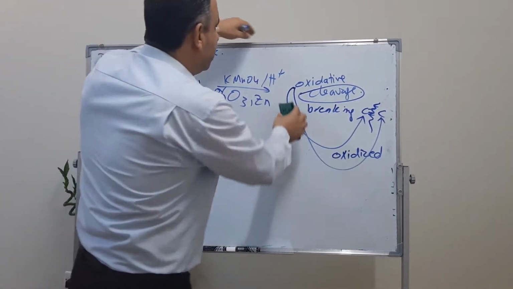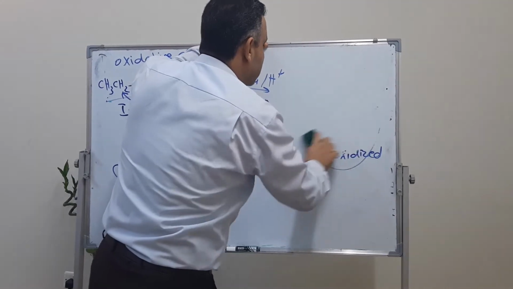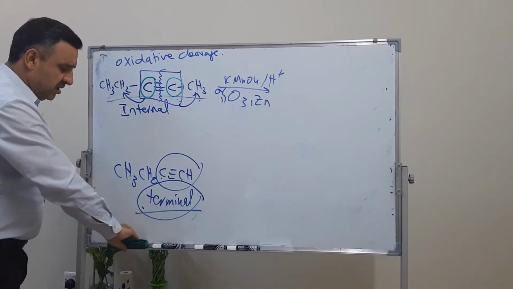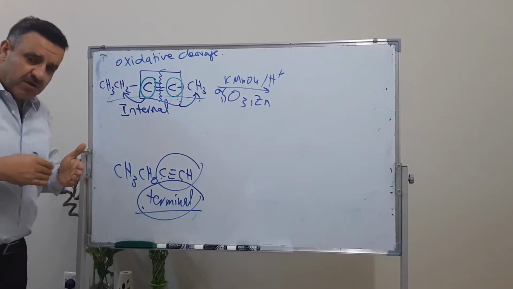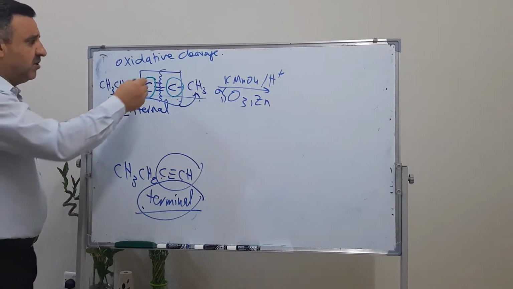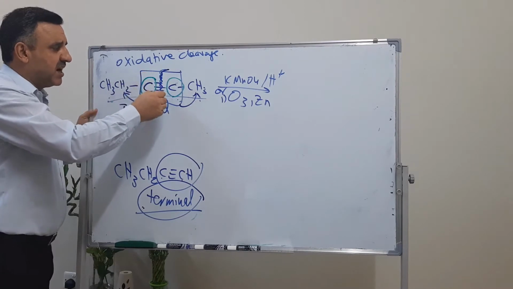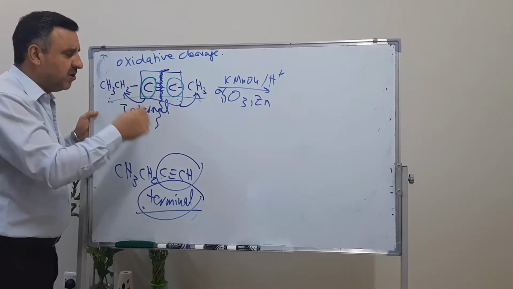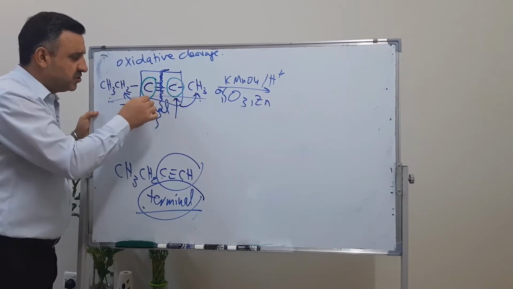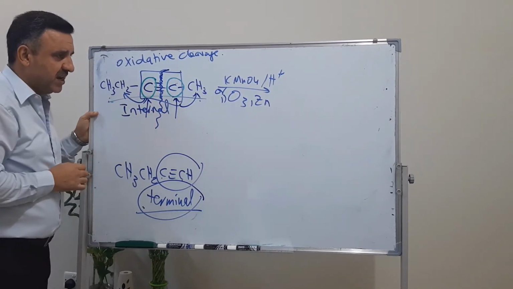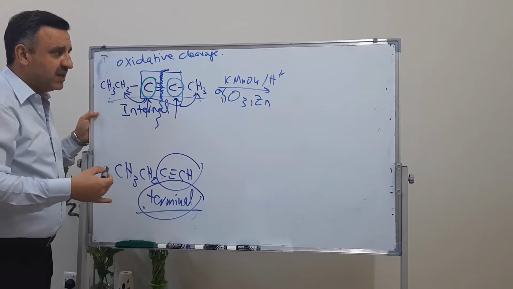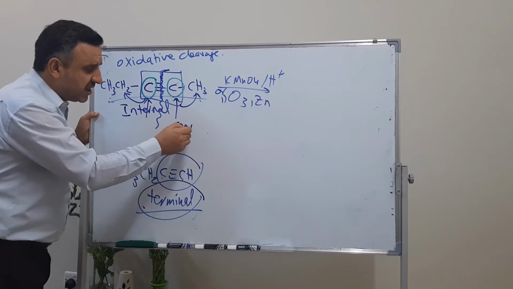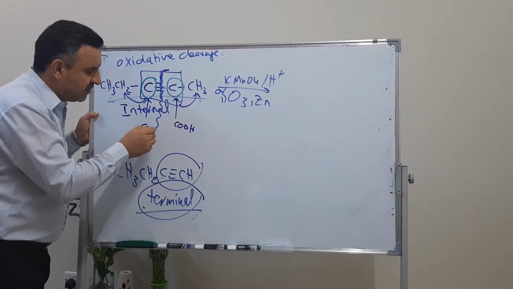So for the first alkyne, which is the internal, this reaction will proceed via oxidative cleavage. In other words, the carbon triple bond carbon in here will break up, right? And these carbons, which were making the carbon triple bond carbon, will be oxidized. Each carbon will be oxidized to the corresponding carboxylic acid. That's simply the reaction.